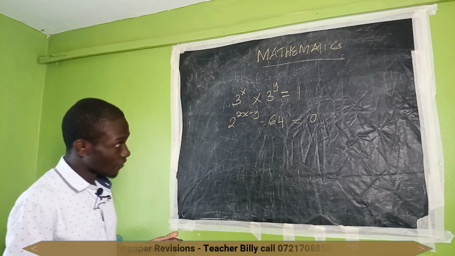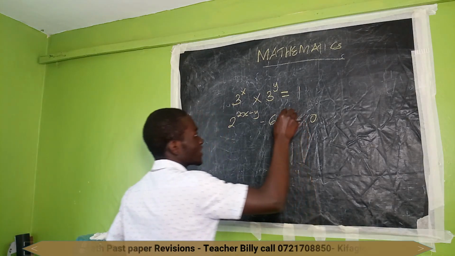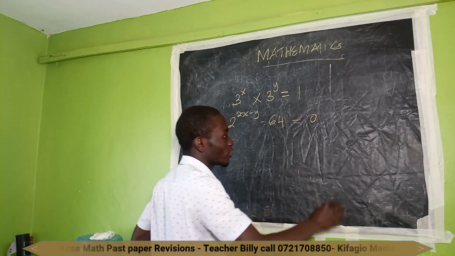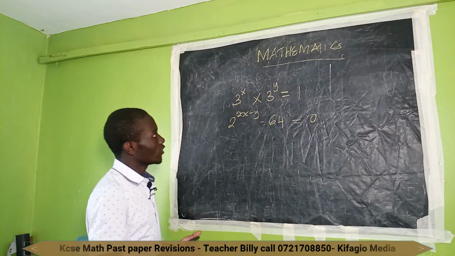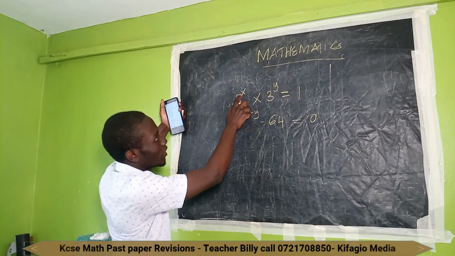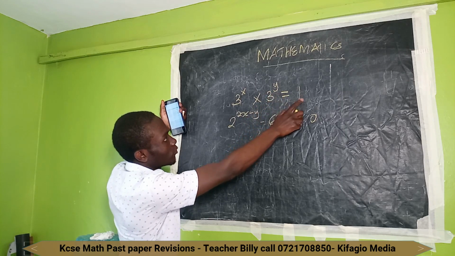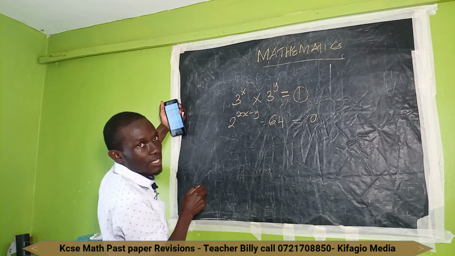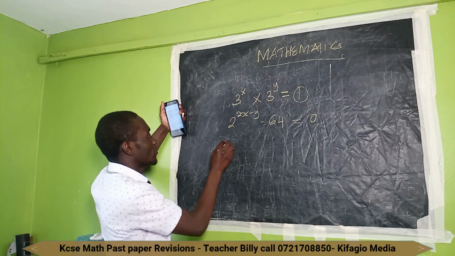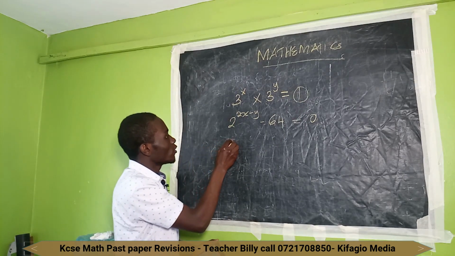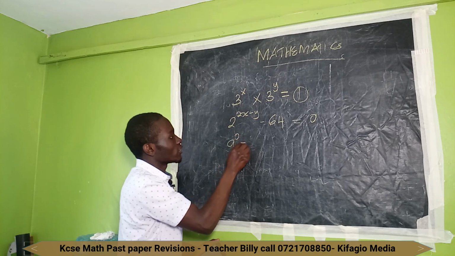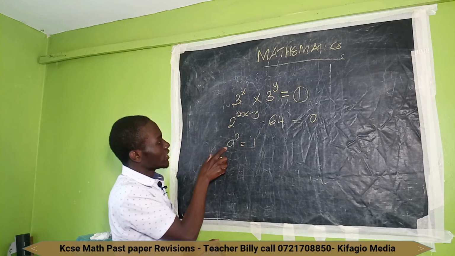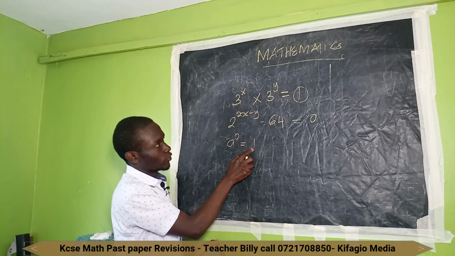All you have to do is to start from the known going towards the unknown. In our first equation, 3 power x multiplied by 3 power y is equal to 1. This 1 can be written to base 3 because by the laws of indices we know a raised to power 0 is equal to 1, meaning that any number raised to power 0 is equivalent to 1.